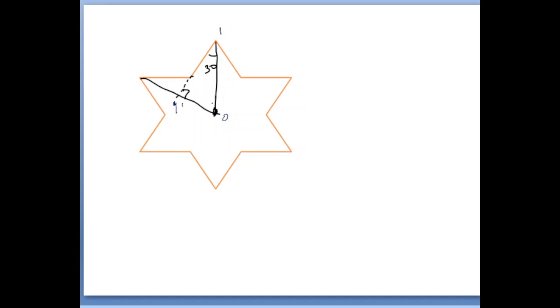Let me write 60 next to this arrow mark. And one more thing, I was calculating only the magnetic field due to this wire, which means this one wire.